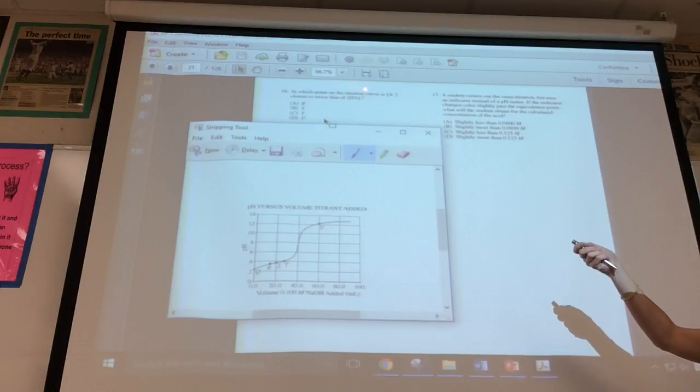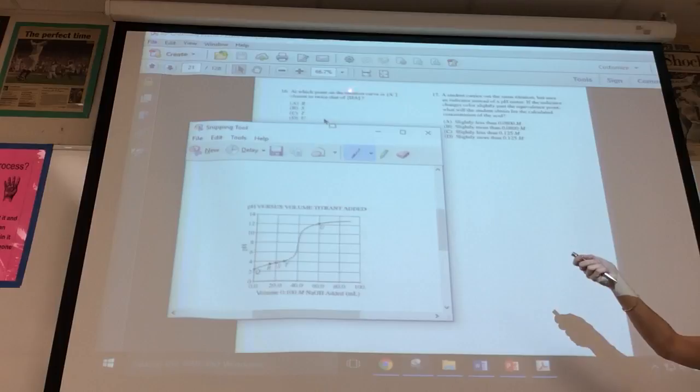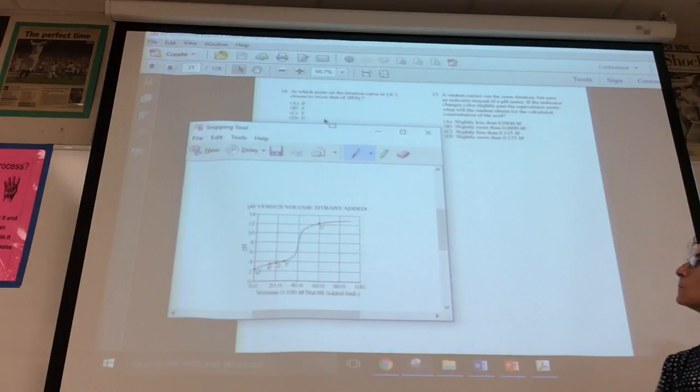At what point on the titration curve, this one's tricky, is A minus closest to 2 times that of HA? This one's tricky, so I really want you to think about it. So you know it is not going to be R. You know it's not going to be S. So you're down to 2.